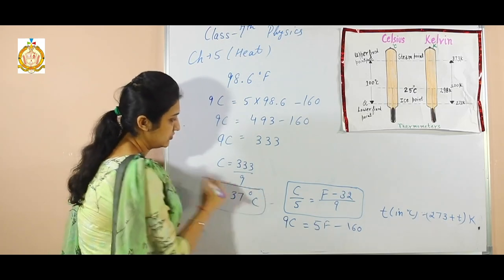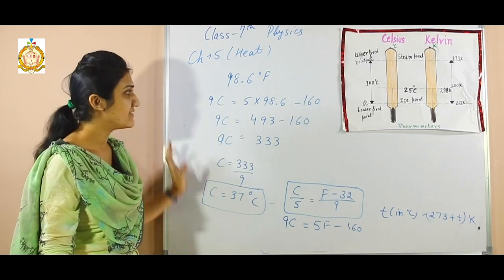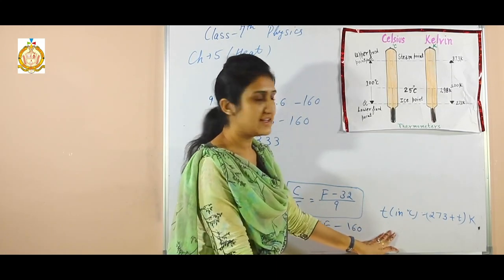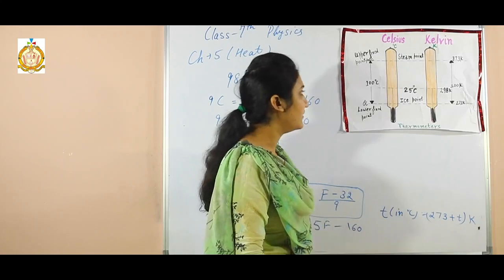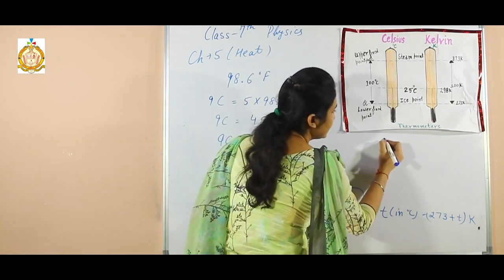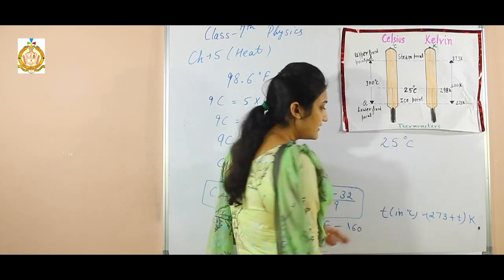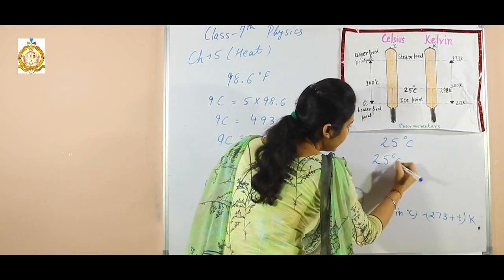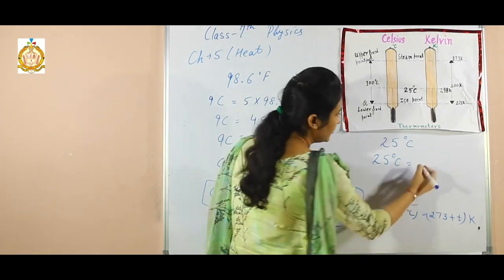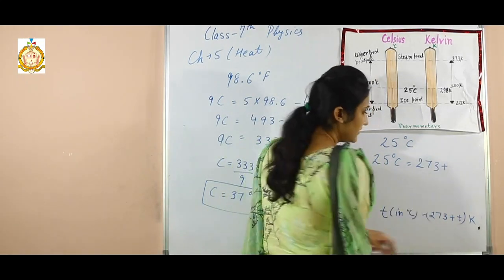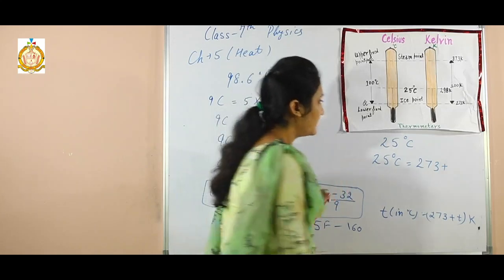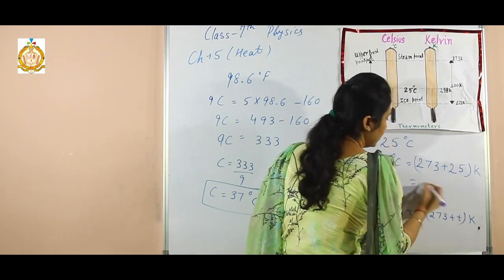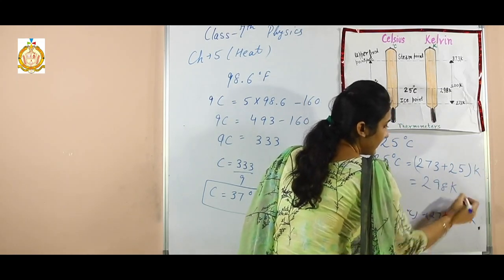So you can solve the numericals like this one method, and if some value is given in Celsius you can convert it into the Kelvin. If Celsius value given is 25 degrees Celsius, put the value here. 273 plus T is the same temperature of Celsius, 25, that is now in Kelvin, that is 298 Kelvin.